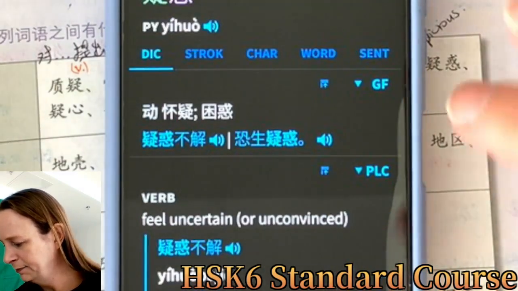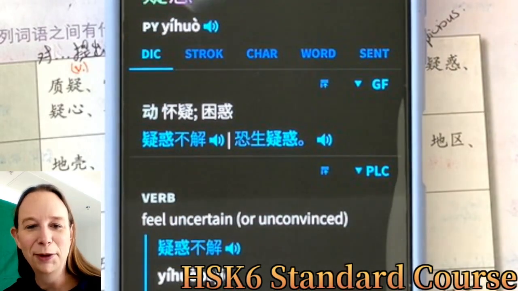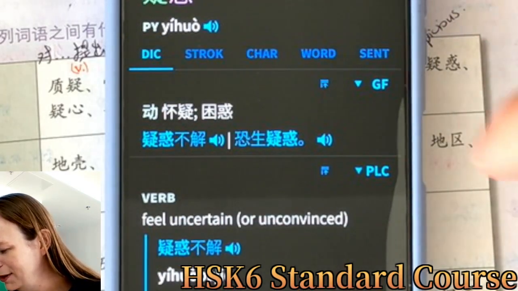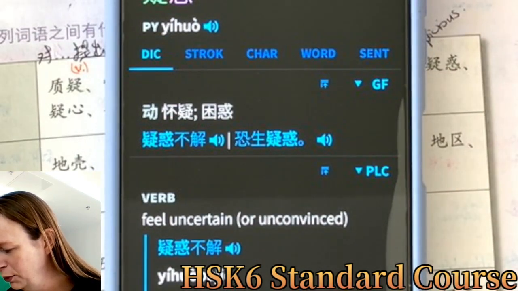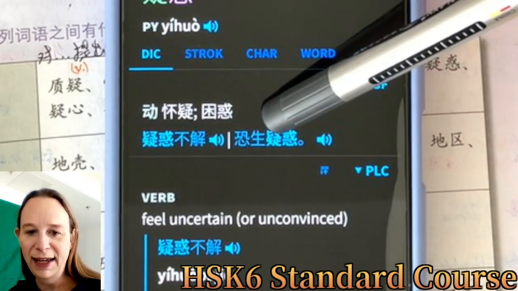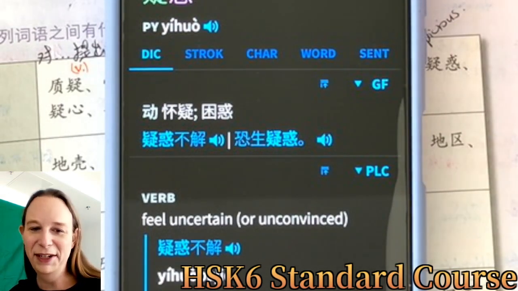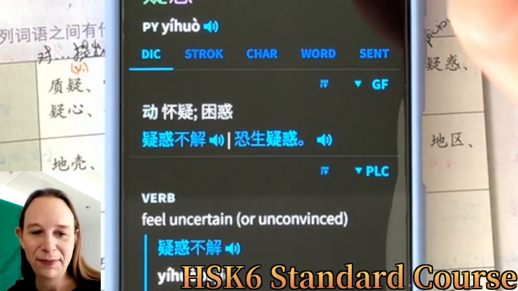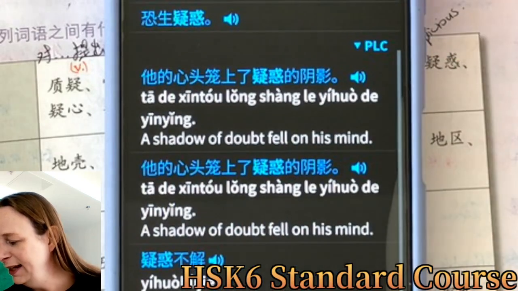Okay. 空生疑惑. Okay, 怀疑, 困惑. So it's doubtful and perplexed. So maybe because of your doubts or suspicions or questions, you feel perplexed, unresolved questions, something like that.